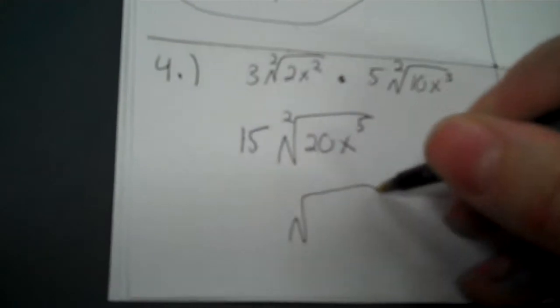Okay, so I rewrite my radical. 15 gets pushed out. Anything else outside there will times by 15. So 20 divide into 20. 20 divided by 16 is a decimal, 9 is a decimal, 4 and 5. So that's 2.